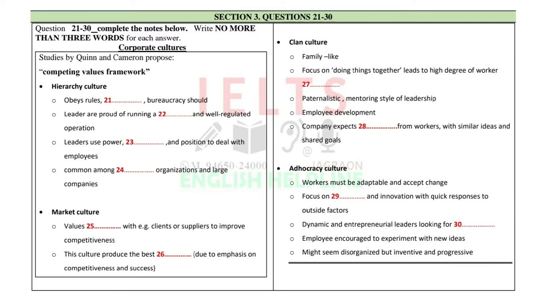Very popular in the 1960s, I believe, and quite similar to the hierarchy culture in that it also emphasizes stability and control. Yes, but the main point of difference is that market culture attaches a great deal of importance to external relationships with stakeholders, such as customers, suppliers, and creditors.